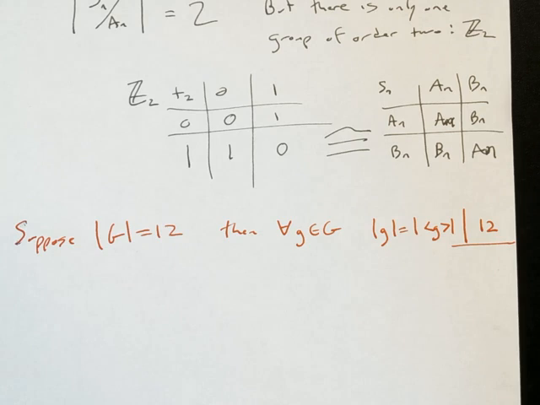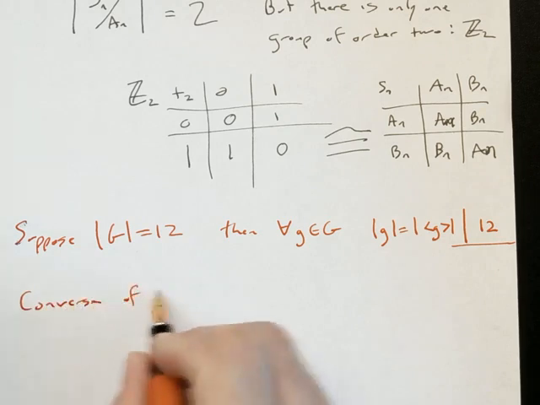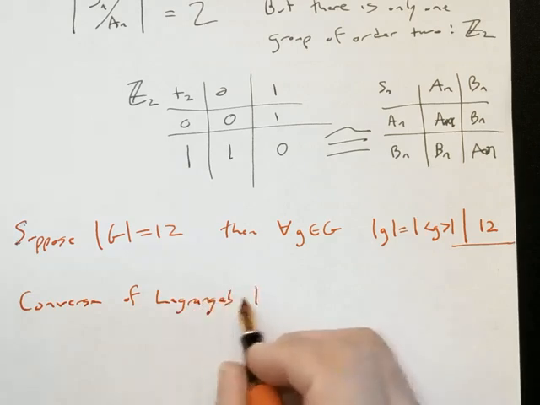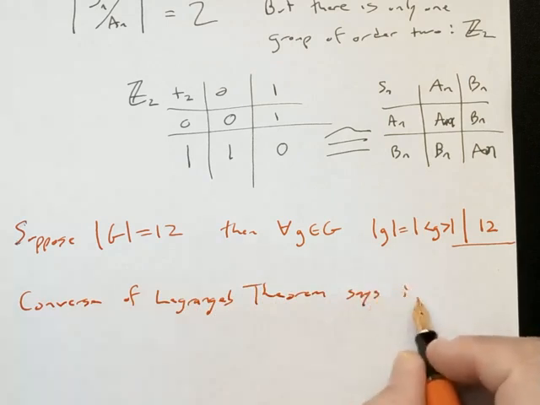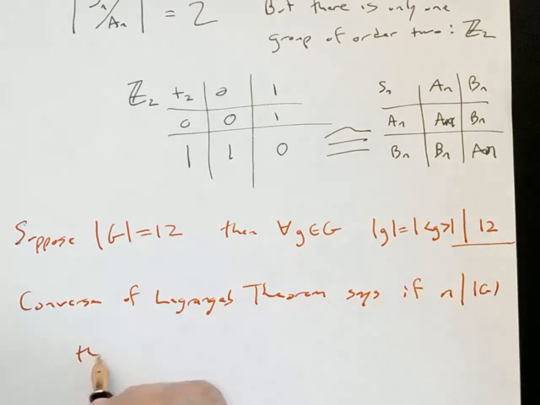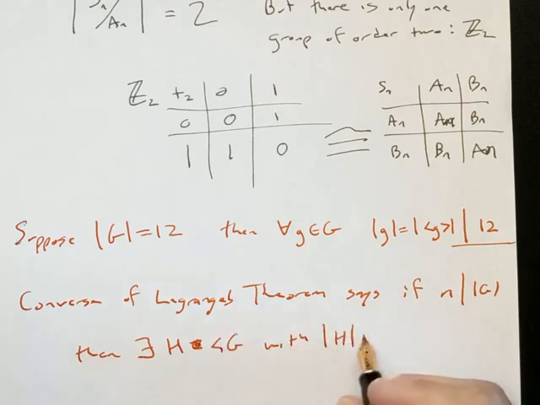The converse of Lagrange's theorem says if n divides the order of my group, then there exists H in G with order of H equal to n.